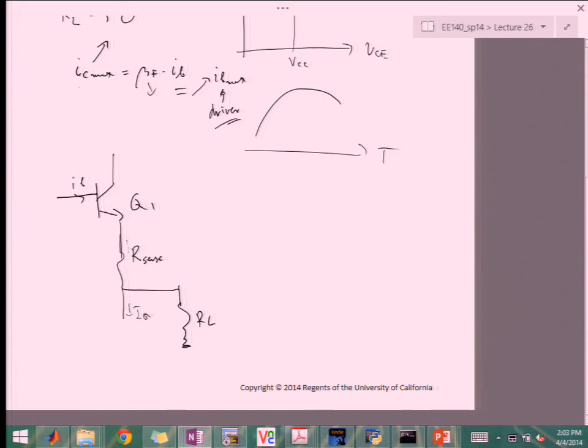So you want to sense how much current is coming through the collector of Q1, and then try to affect what amount of base current is supplied to Q1, right? So if this starts going up, this voltage, V sense, will be going up. And then you want to make sure that that will start sinking or decreasing I base, so that IC1 starts going down. Right?